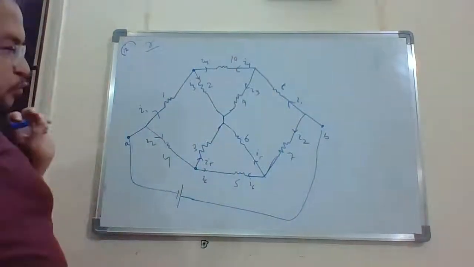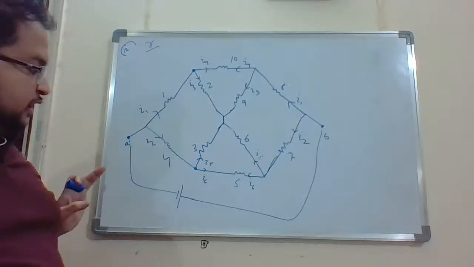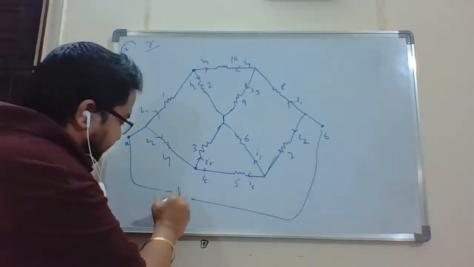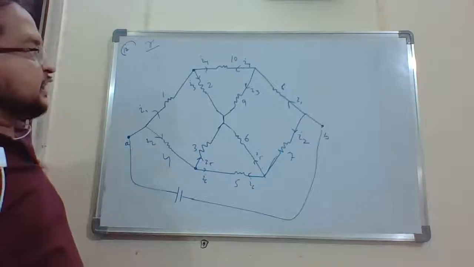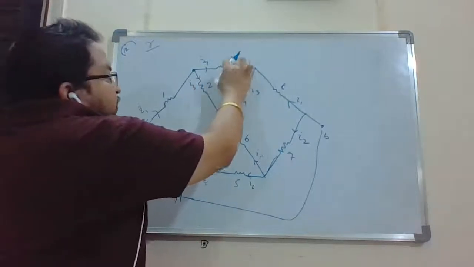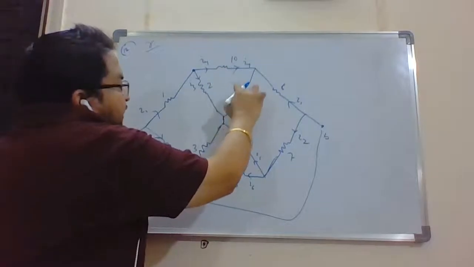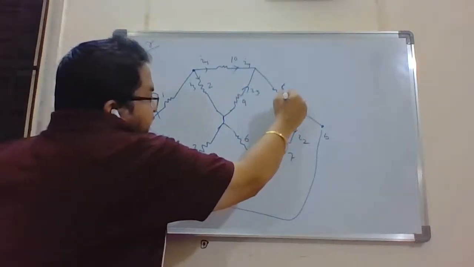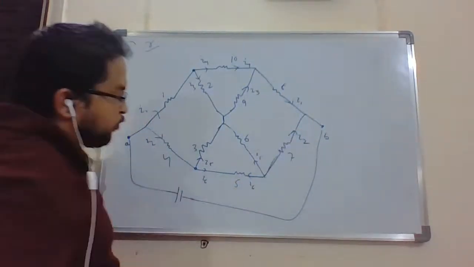But we know that we are not empowered to change the cell position. So if I go back to the original cell, I need to just change the direction of the things which I did at the end. So I4 will be like this, I3 is like this, I1 is like this, and I2 is going back like this.